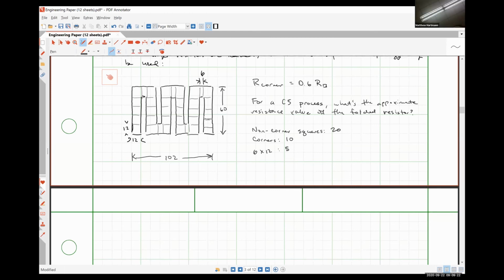All right. So the squares, there are 20 squares, so that part's easy. And we know what the resistance of the corner is, so that part's easy. How are we going to do the 6 by 12 bits if we only know the resistance of a square? Is it as simple as just half of a square, since it's a 6 by 12? Seems too easy.